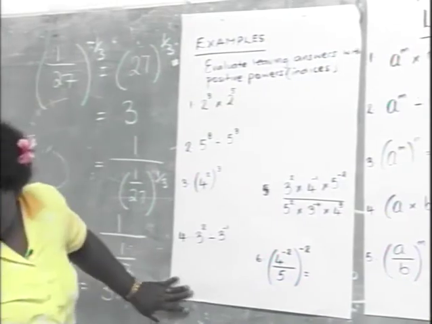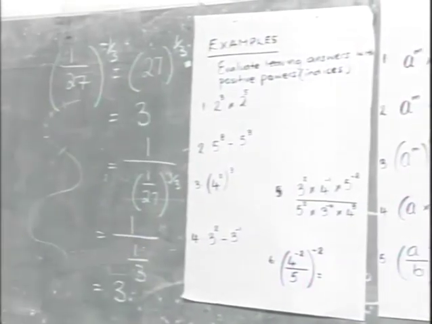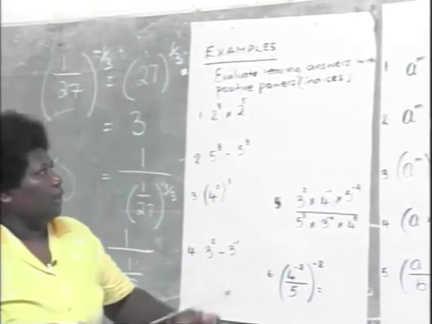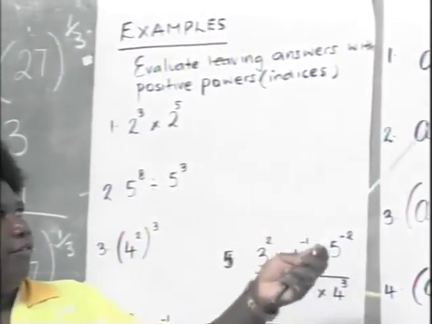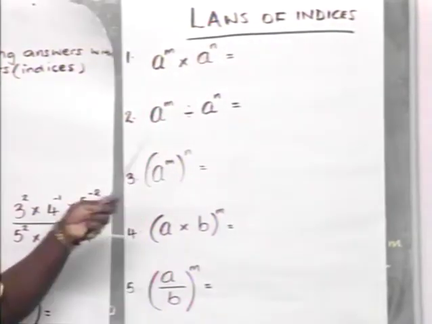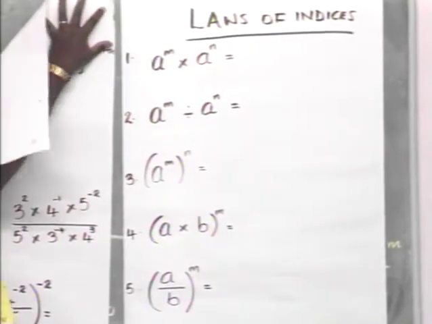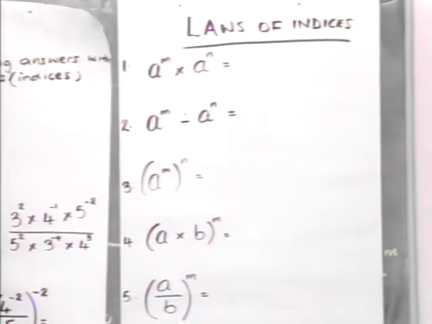Okay, the last section on laws of indices. If a number A is raised to the power of m, and then it's multiplied by A, the same number, this time raised to a different power.